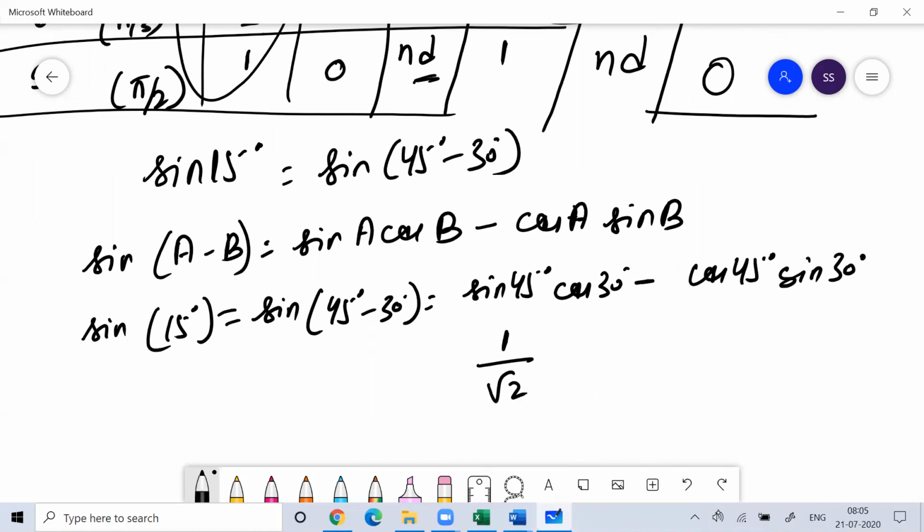Sine 45 degree is 1 by root 2, cos 30 degree is root 3 by 2, cos 45 degree is again 1 by root 2, and sine 30 degree is 1 by 2.